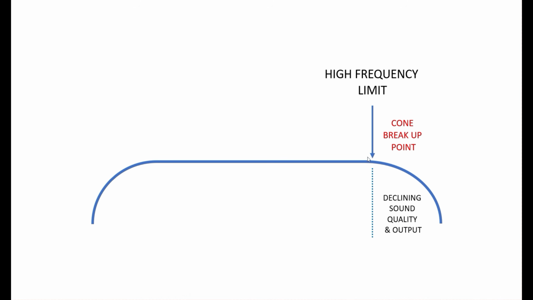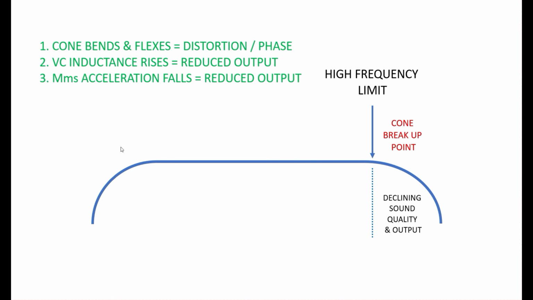But the cone breakup point is basically where the cone is no longer in control. You're trying to accelerate it faster than it's designed to, and it starts to bend and flex. And because certain points of the cone are at different relative positions to each other, that means that you start to get distortion and phase issues and things like that.